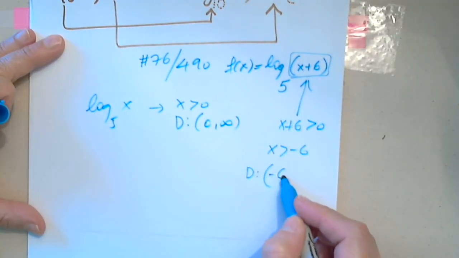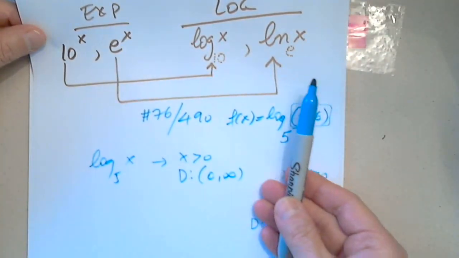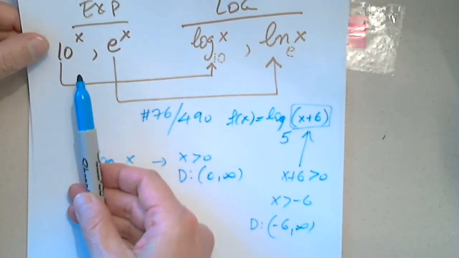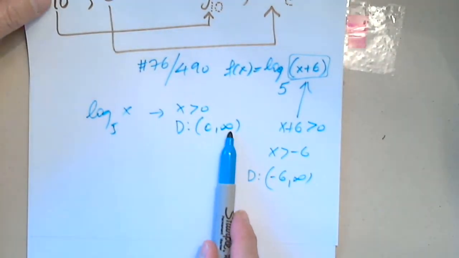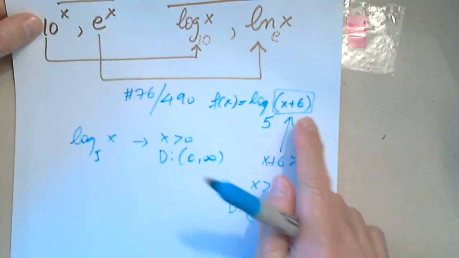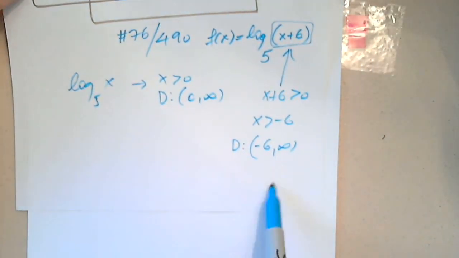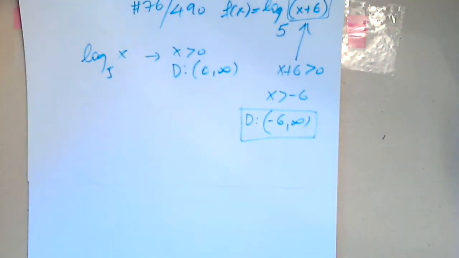When we change x into x plus 6, the graph shifts 6 units to the left. If the pure log function is defined on 0 to infinity, and this one is a shift 6 units to the left, obviously the domain now is negative 6 to infinity. This is an important concept.